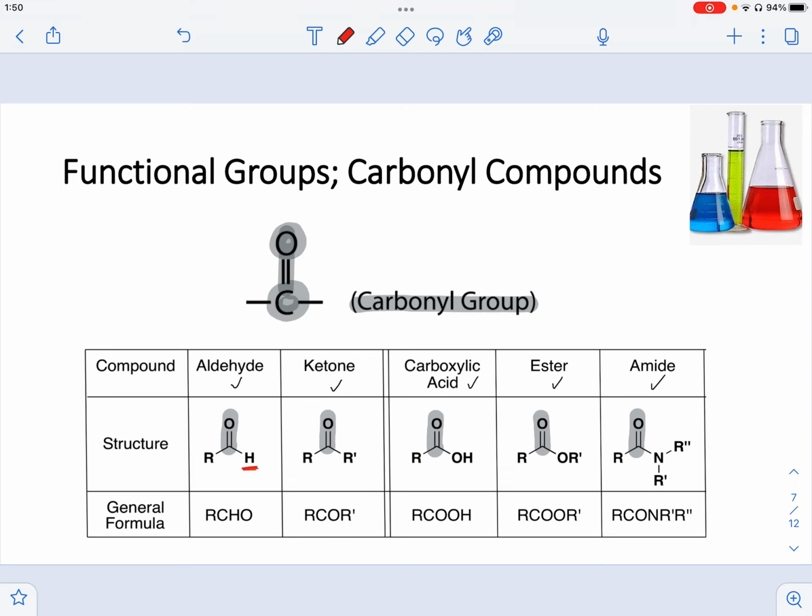The rest of the molecule, in other words, the R group for an aldehyde, can be a hydrogen or it can be a carbon chain. When we have a ketone, which is the next functional group, the R groups, and I'm going to write it down, R and R prime, must be carbon chains.